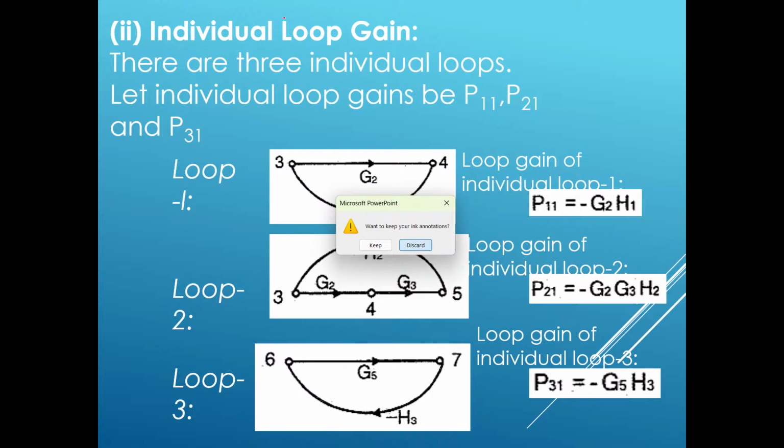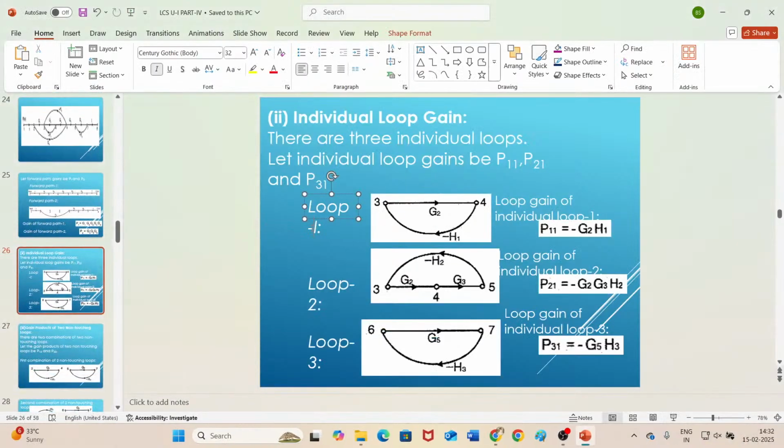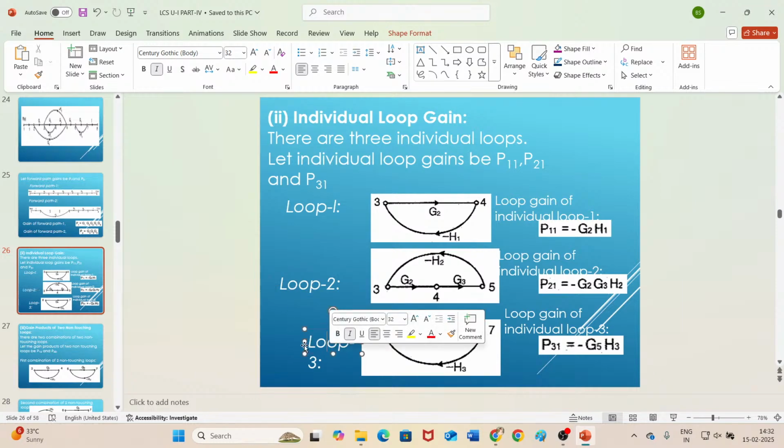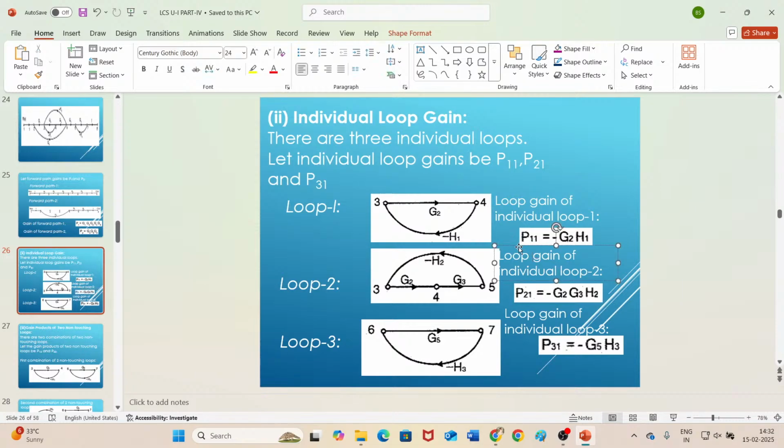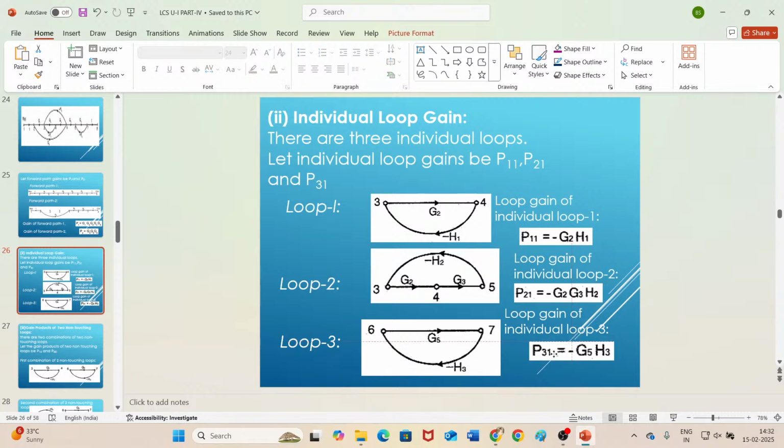So you can write down individual loops in step number 2, individual loop gains. Mention there are 3 loops in the given system. As for loop gain notations, you can assume whatever notations you wish, but they should be assumed in a certain pattern or sequence.